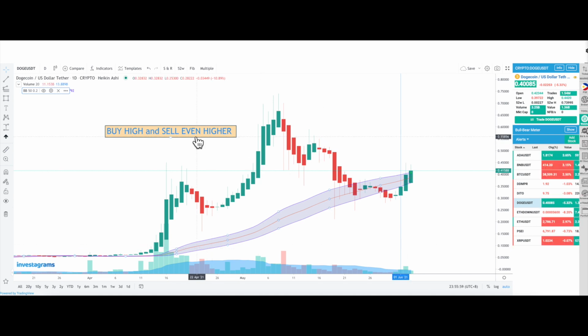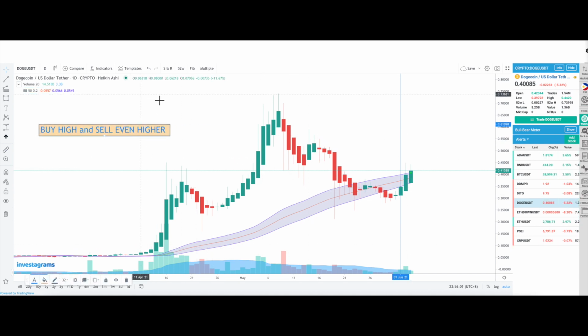Step number 2 is to go downwards and look at the 1 hour time frame.